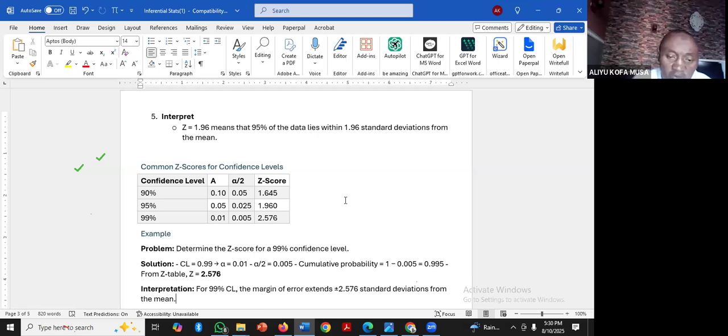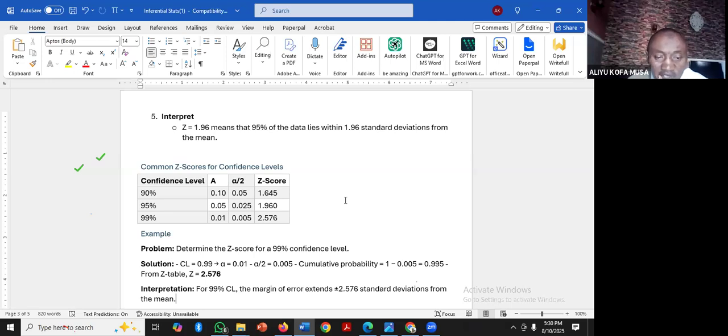Now, for the sake of this topic, I summarized the confidence levels with their alpha over 2 and their corresponding z-scores. All you need to do is master the confidence level and the corresponding z-score.